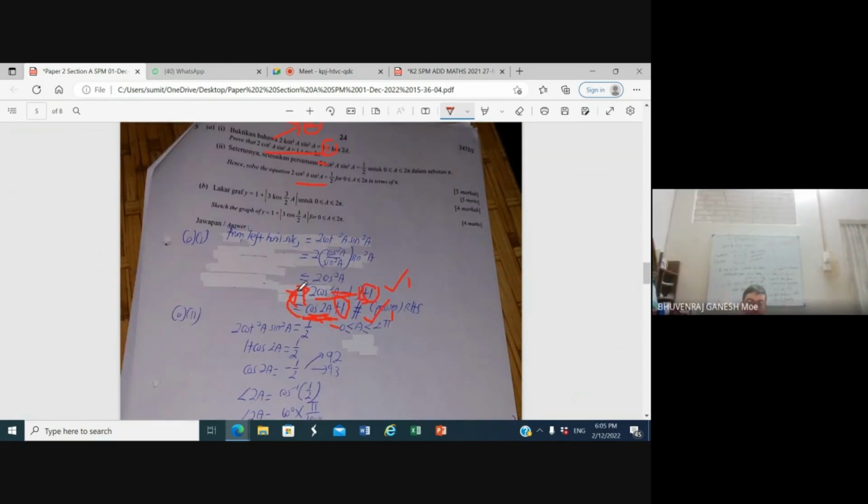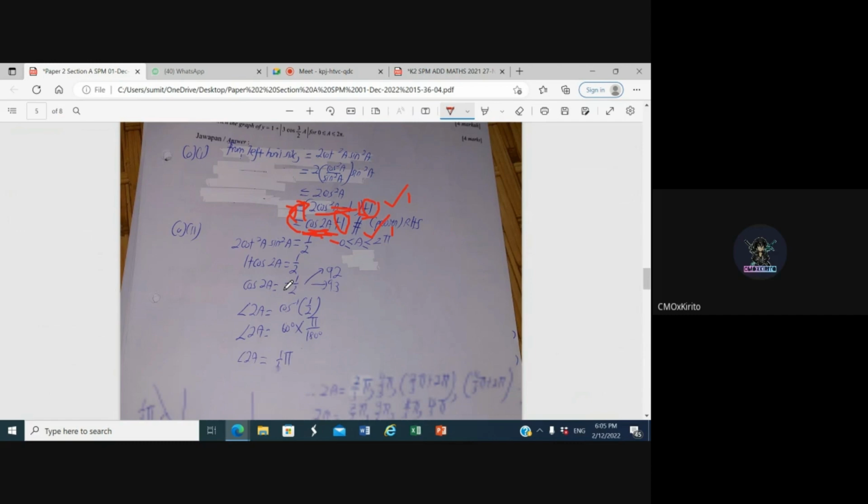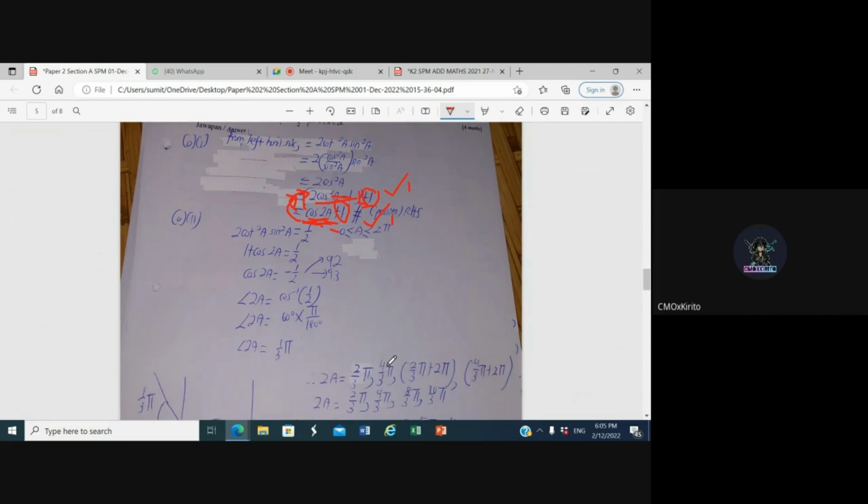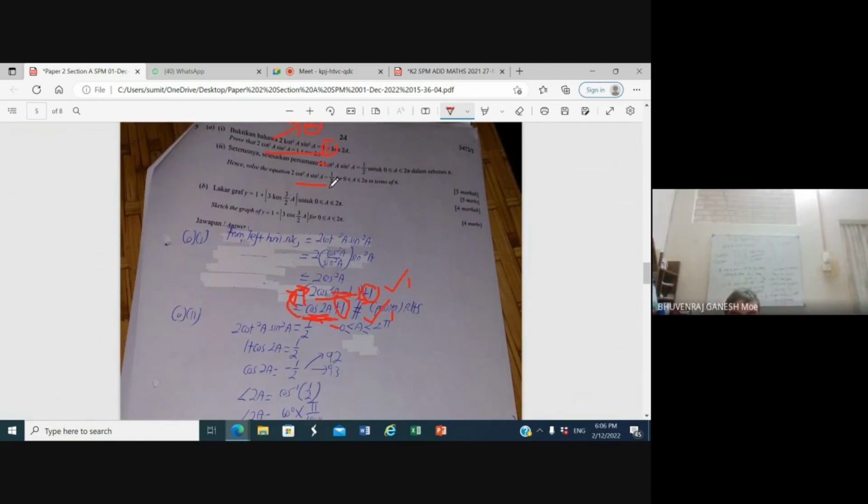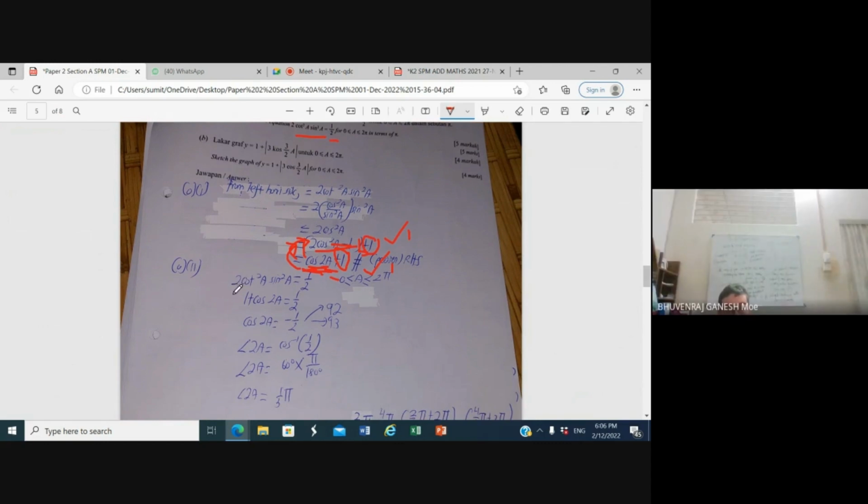Solve the equation in terms of... Now you just explain from my working. You need to solve here. How you get half? The question is already given half there. Yes, this is the question I copied back.